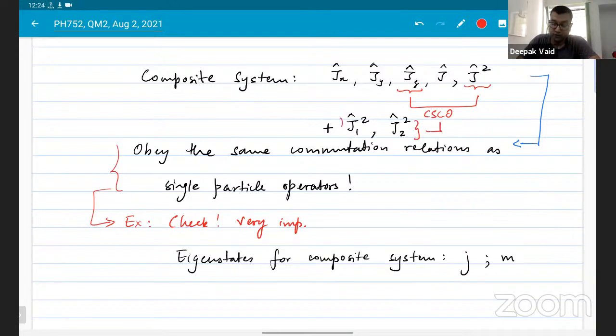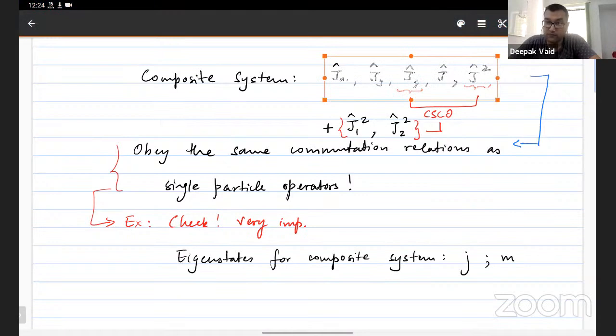So it is these four operators, the total J square, the total Jz, j1 square and j2 square, that form the complete set of commuting operators. There are two things to verify. The first is that this set of operators satisfies the angular momentum algebra.